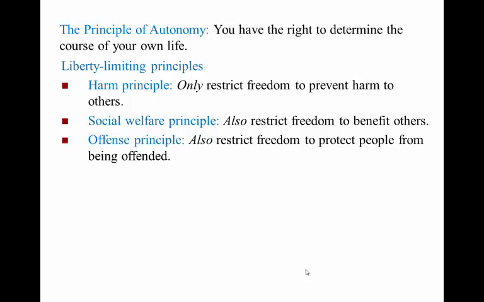You can also talk about the offense principle. The offense principle says that you can also restrict freedom to protect people from being offended. The textbook gives the example of involuntary confinement for mentally ill people who behave offensively in public, which used to be something that happened.